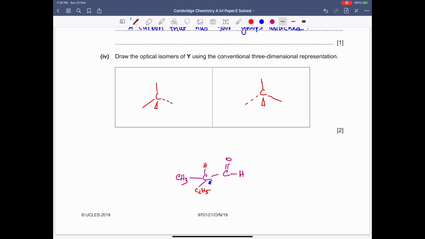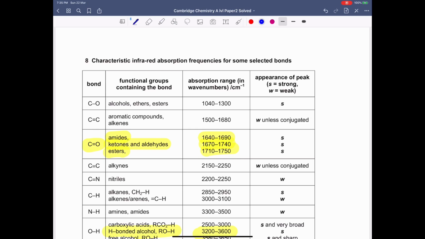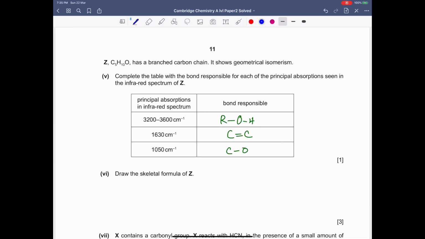So CHO, hydrogen, CH3, C2H5, and then C2H5, CH3, H, CHO.